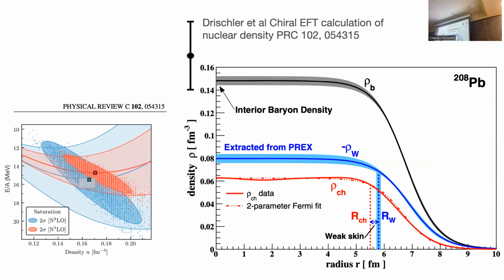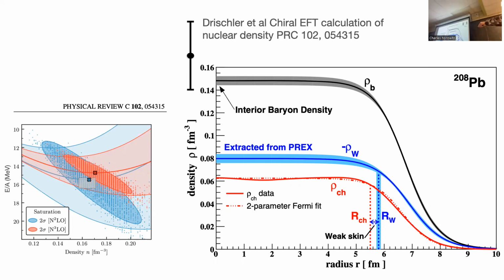And from that parity violating asymmetry, I'll talk about this in a second. If you fit a 2-parameter Fermi function for the weak charge density, this is what you get. So this is the extracted weak charge density. The area under this curve is the weak charge of lead.